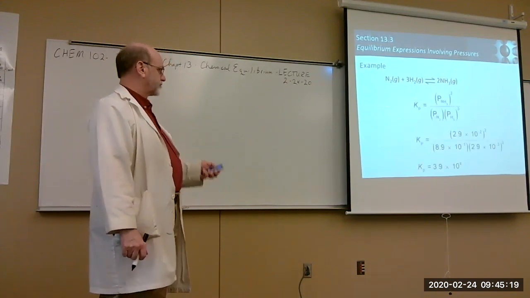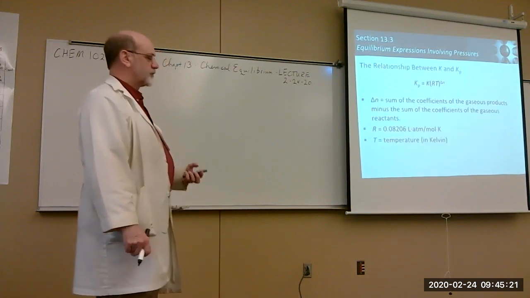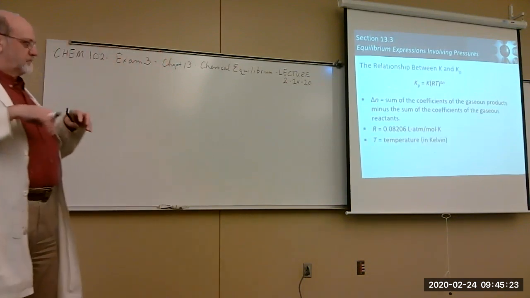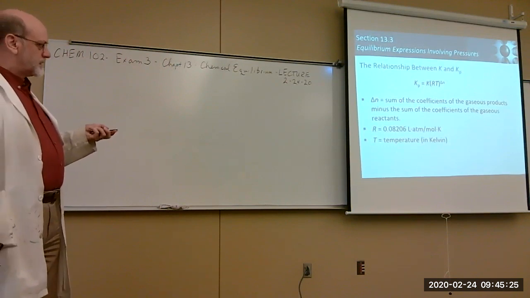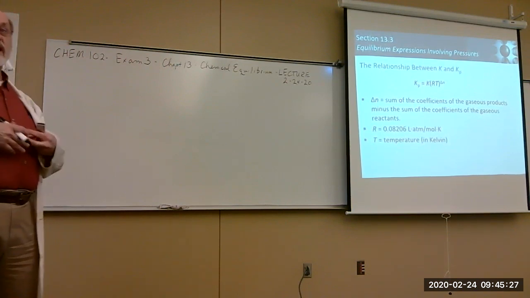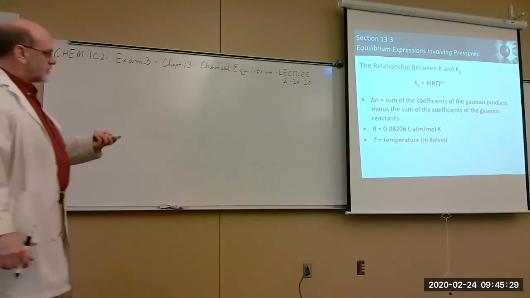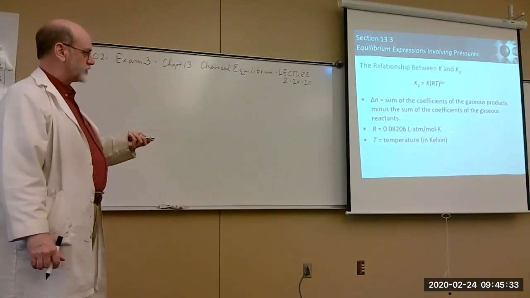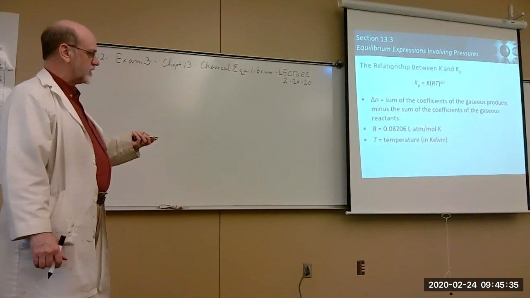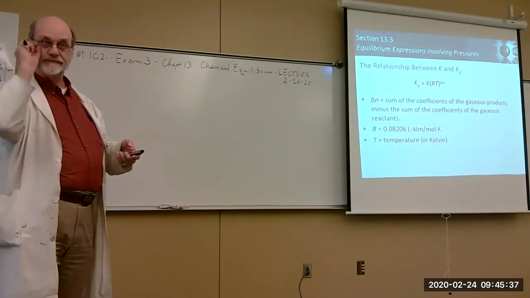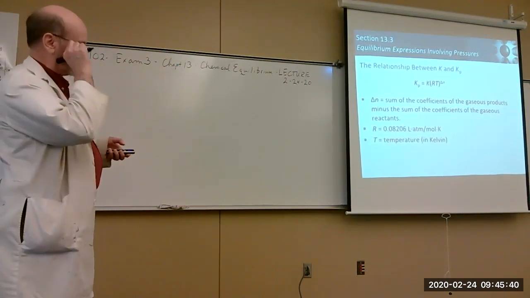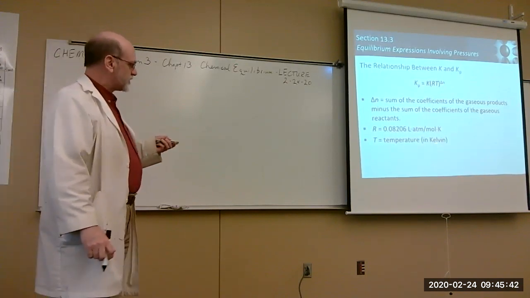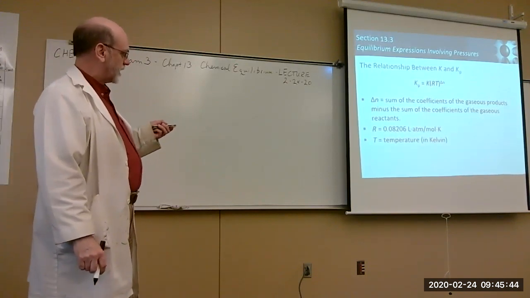Right. So for simplicity's sake, let's just keep the Kp in terms of atmospheres. Then we can always use the same R. This is the first one you were introduced to, the R value, liter atmospheres per mole K. And then this temperature is in Kelvin, okay?